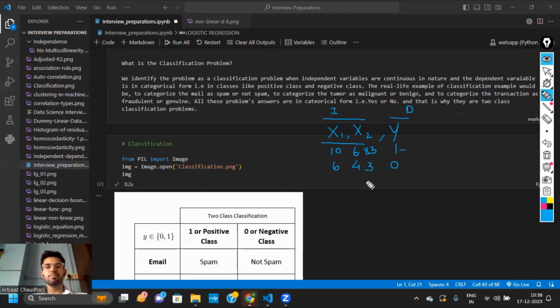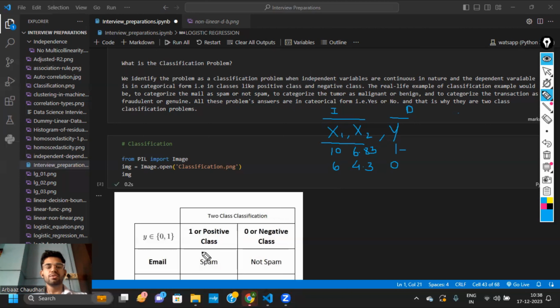And if the mail has come from a fraudulent person, our mail should function and classify that mail as spam or not spam.